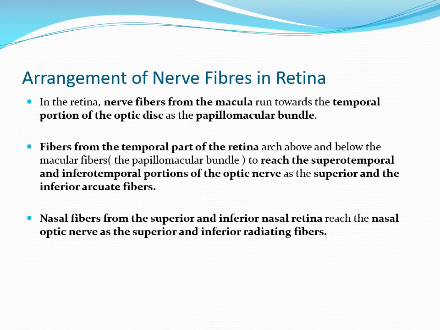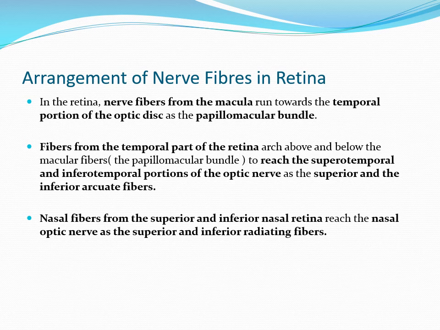Now, how is the arrangement of nerve fibers in the retina? In the retina, nerve fibers from the macula run toward the temporal portion of the optic disc as the papillomacular bundle. This is extremely important knowledge. Fibers from the temporal part of the retina arch above and below the papillomacular bundle to reach the superotemporal and inferotemporal portions of the optic nerve as the superior and inferior arcuate fibers.